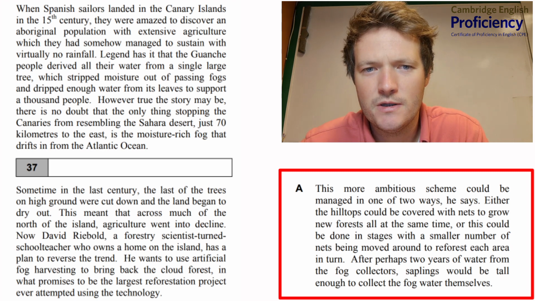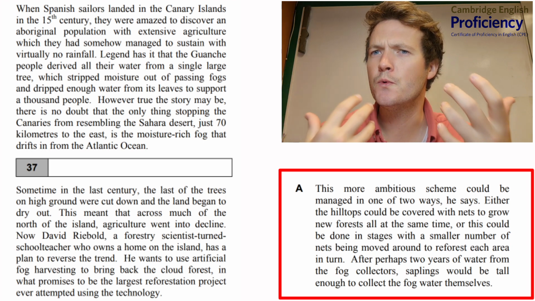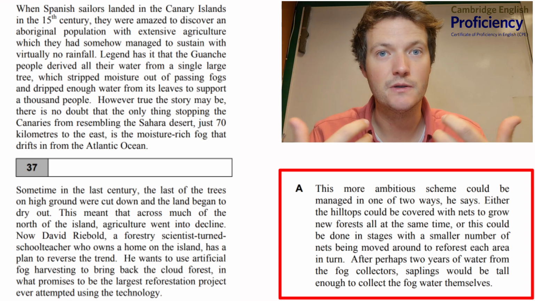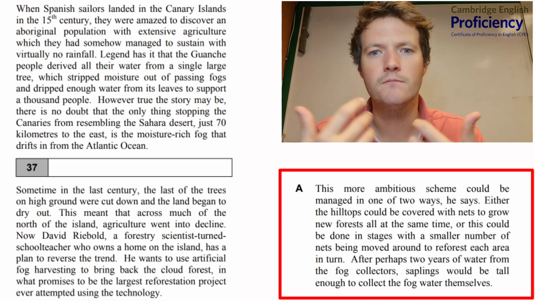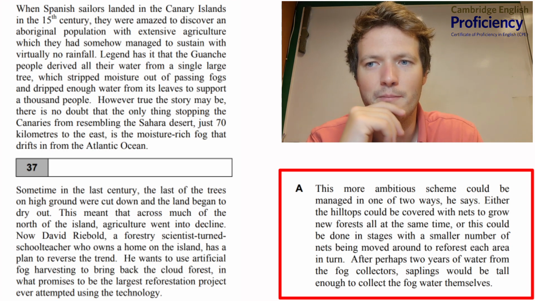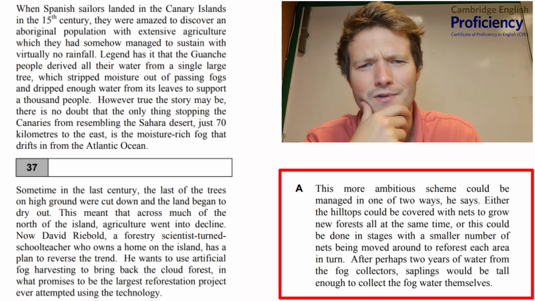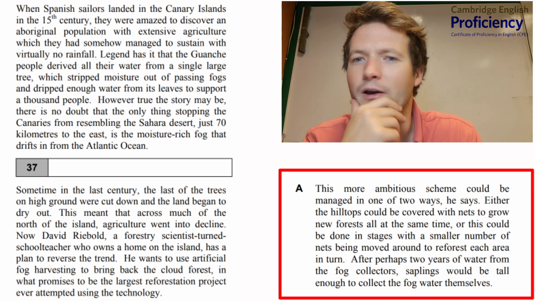More ambitious scheme. So that sounds like we've compared 2 plans, 2 schemes, 2 ways of doing something, and one is more ambitious than the other. This more ambitious scheme, we have to have mentioned at least 2 schemes, 2 ways of doing things. I don't see that.